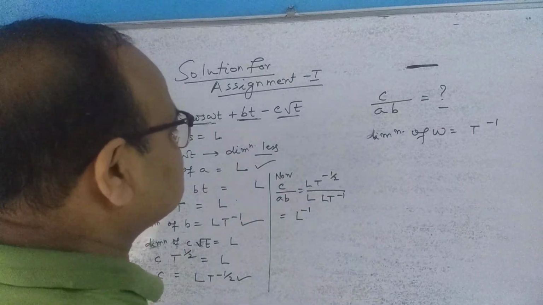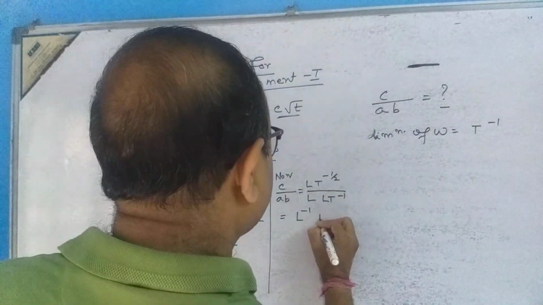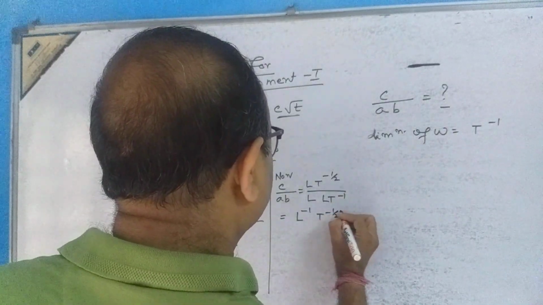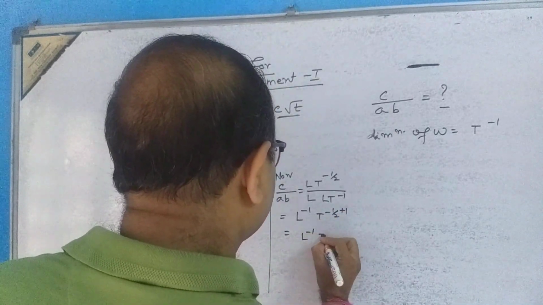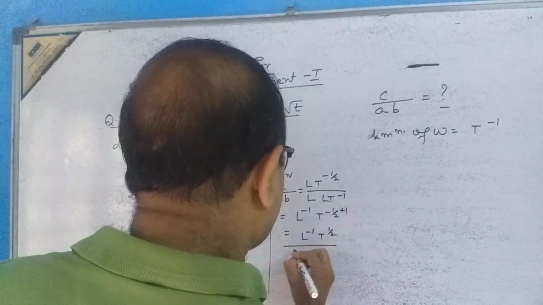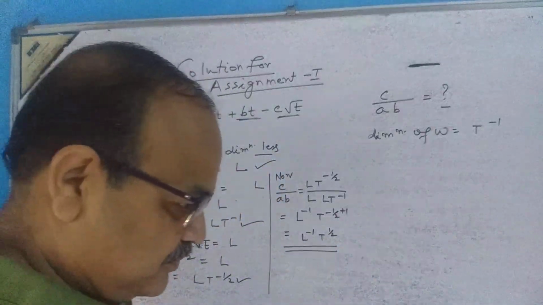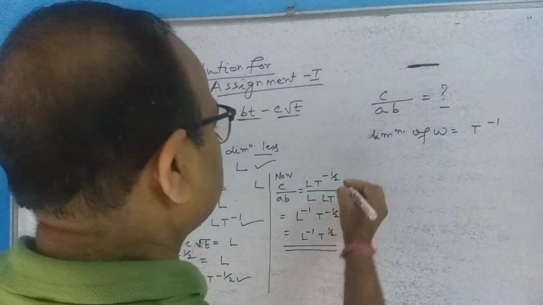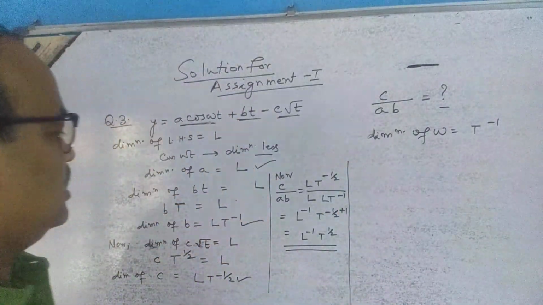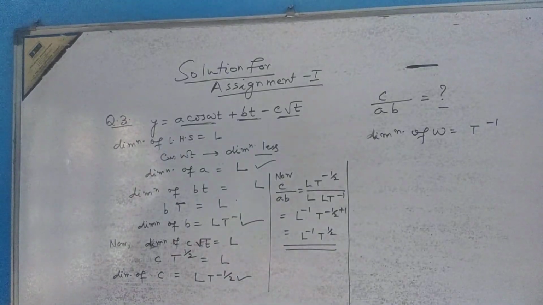This will be T to the power minus half plus 1. That means L to the power minus 1, T to the power half. This is the solution for this question. Look, you have to be very careful in this.